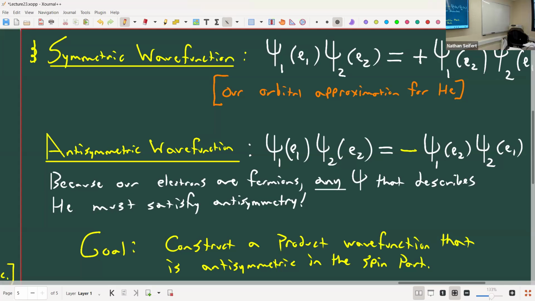What you're doing in the color box, when you take an electron that's symmetric, white plus black, because of the antisymmetry property of spin, is you swap the electrons and you get a negative sign. So white plus black goes to black minus white, or white minus black. Doesn't matter which way you do it.